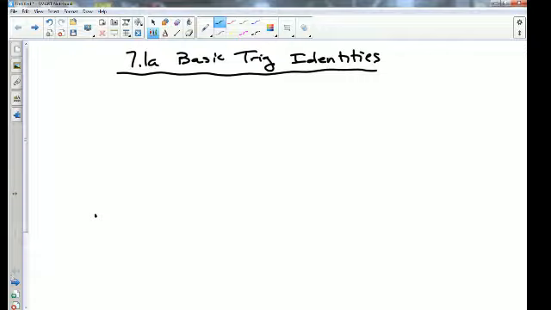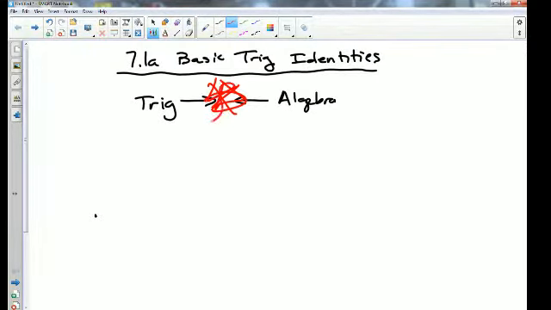So we take the trig that we know, sine, cosine, tangent, sine and cosine waves, and we take the algebra we know, and they go kaboom. They collide. So we are doing a bunch of algebra with all the trig that we know.